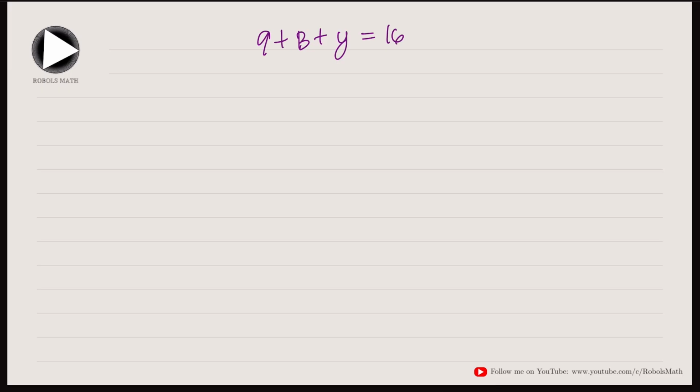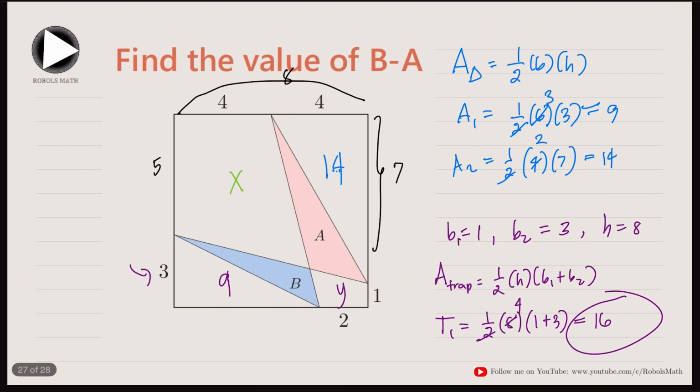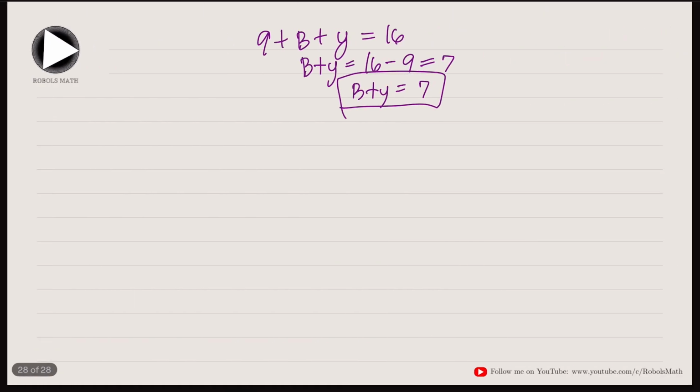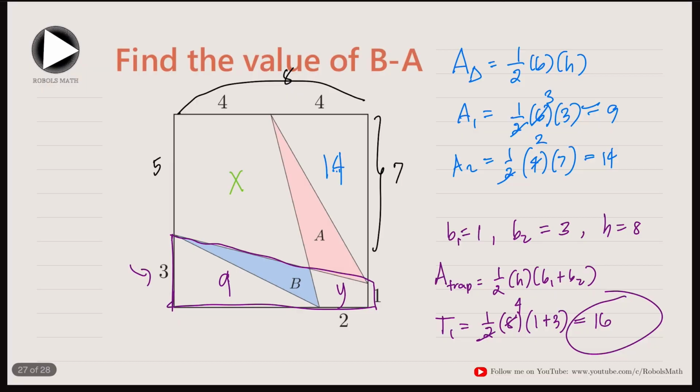If we eliminate the constant on the left side by subtracting from the right, we get b plus y equals 16 minus 9, or simply b plus y equals 7. So from the trapezoid below, we get that b plus y equals 7.